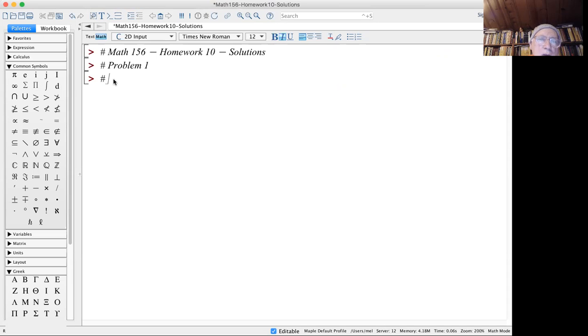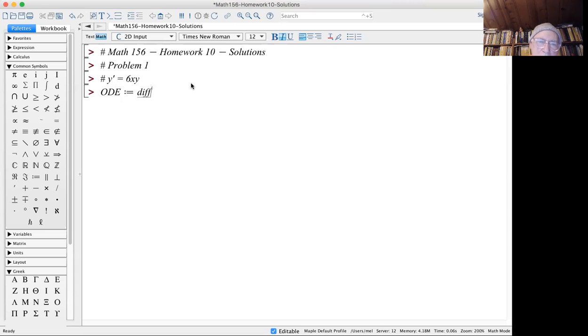So the way it's written on the paper is y prime equals 6xy, but this is not how you write it in Maple. So the differential equation, I'll call it ODE for ordinary differential equation. So how do you write y prime?